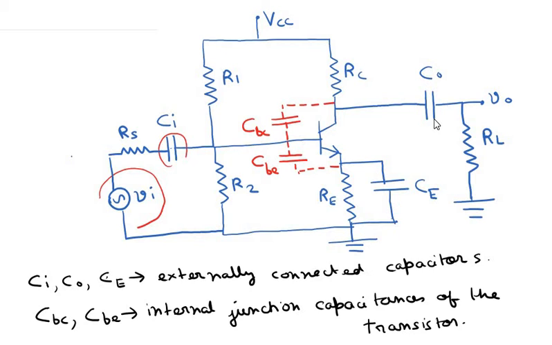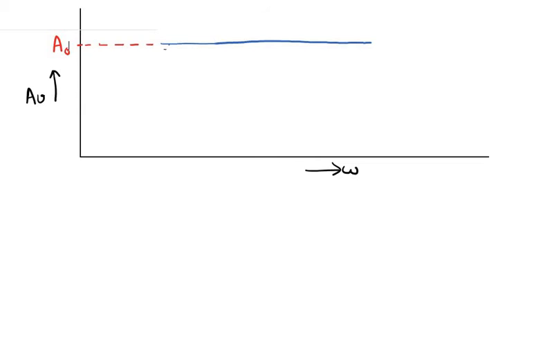Okay, so these three capacitors decrease the voltage gain at the low frequency range. So at the low frequency range the gain tapers off, and when the frequency is 0, the gain is exactly 0. Okay, so let me write it here.